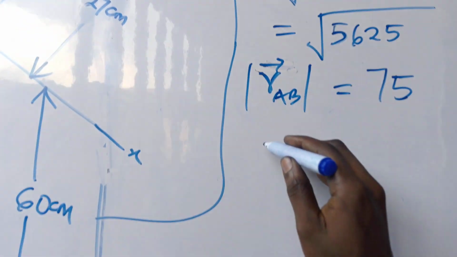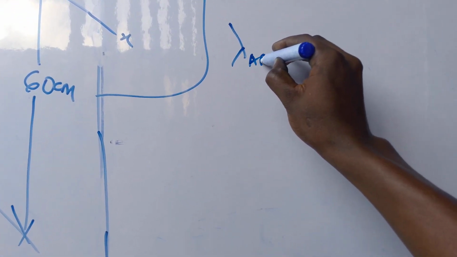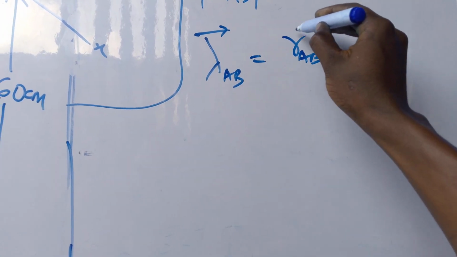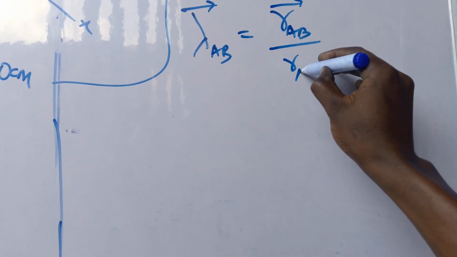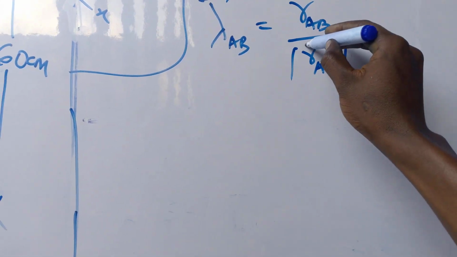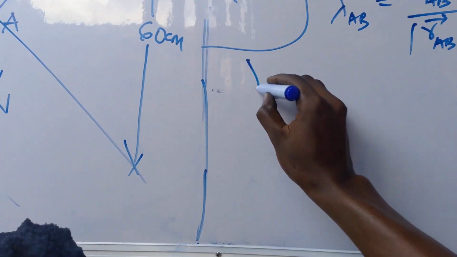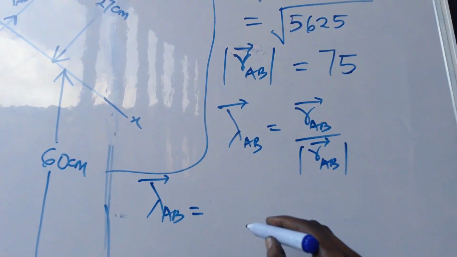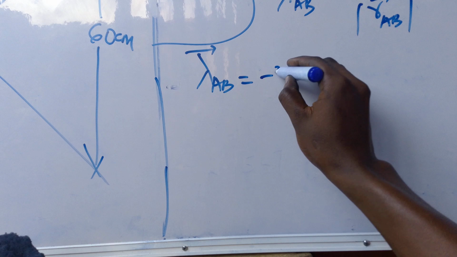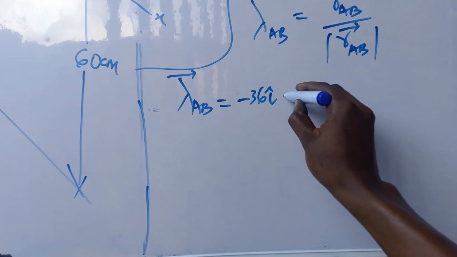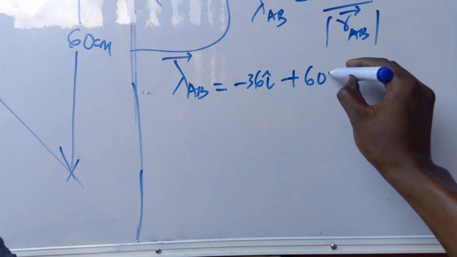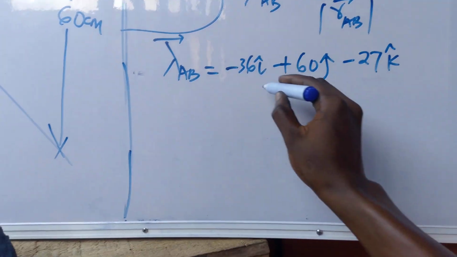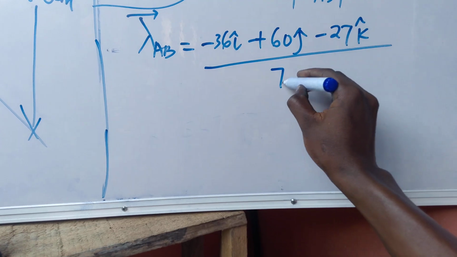So that means now my unit vector lambda AB will be the position vector over the modulus of the vector. So lambda AB will be equal to the position vector, minus 36I plus 60J minus 27K, divided by 75.